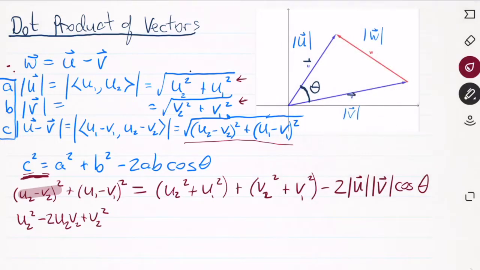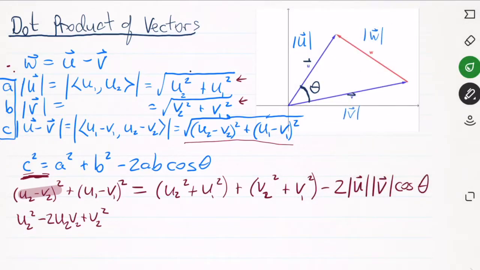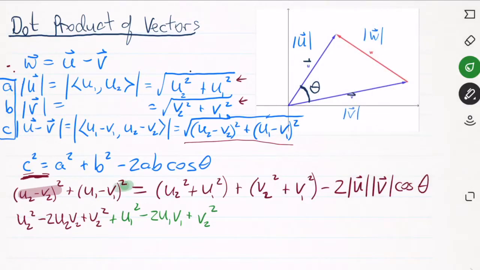And then the second term here, I'll do it in a different color, is going to be plus u1 squared minus 2 u1 v1 plus v1 squared. All right, and that is this guy being squared out.